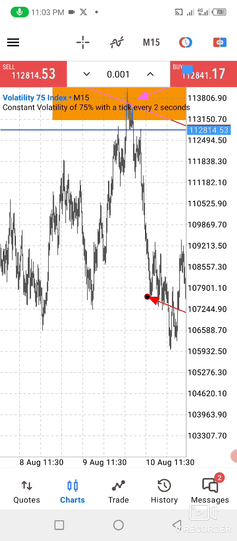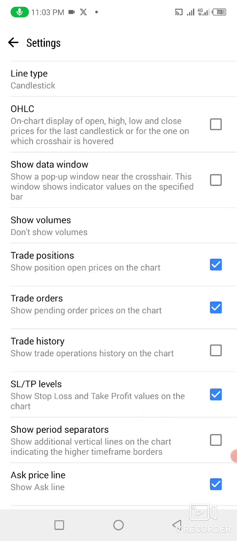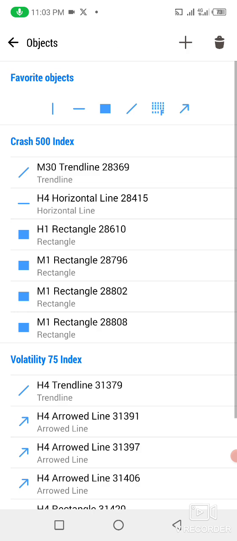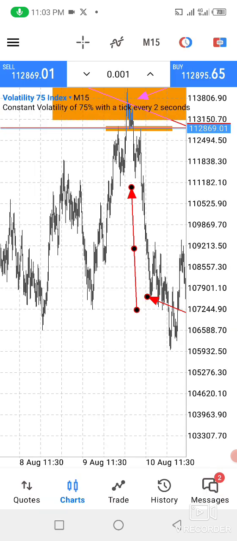Then the next element is we need the last support in that market to be broken. Okay, the last support in the market. So this is a support here. This is a support because price broke out of here to the upside, so it's a support, and then price dropped.